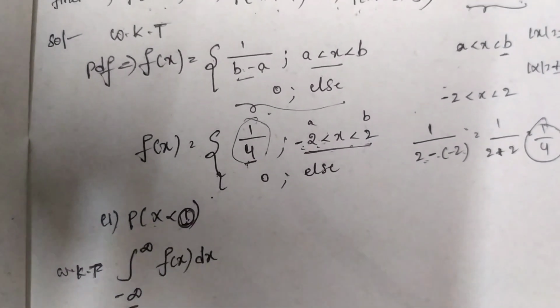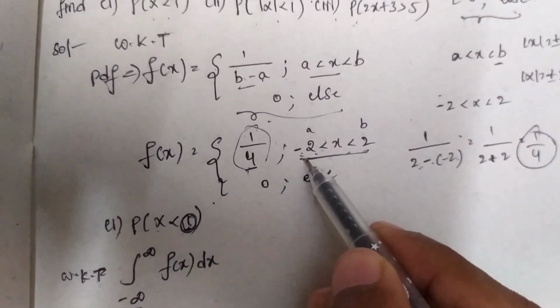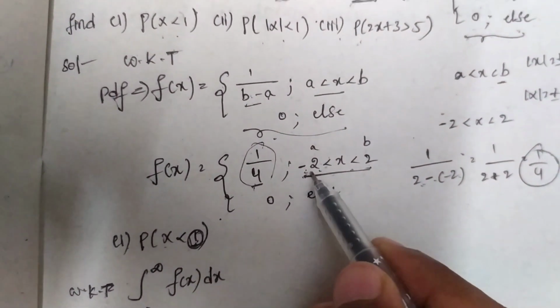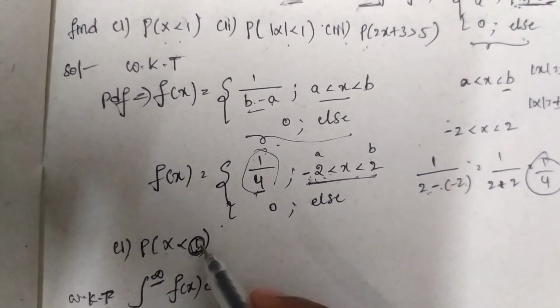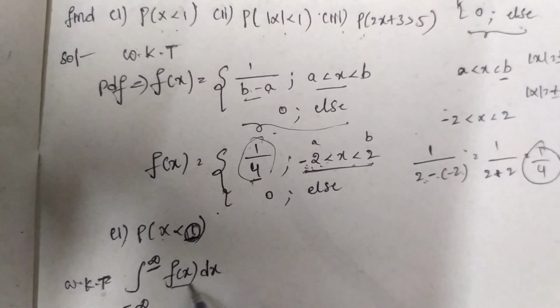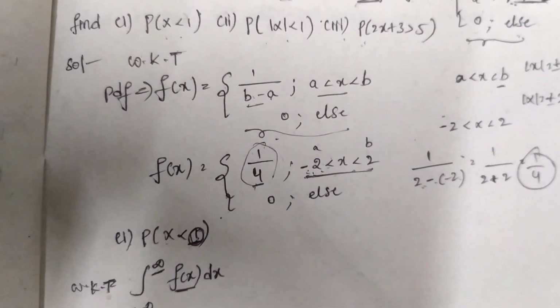So here less than 1 means we take minus infinity. In place of minus infinity the starting value we take is minus 2, and in the place of infinity we take this value 1. Here f of x is the function 1 by 4 dx.